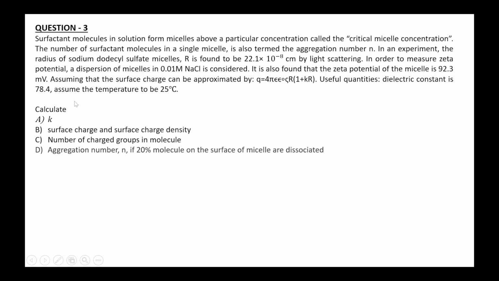So this question is the same. I hope you will be able to tell me the answer for A and B, because we have solved that quite a number of times as assignment problems during live interaction sessions also. So what is the value of kappa and Q, I mean surface charge and surface charge density?